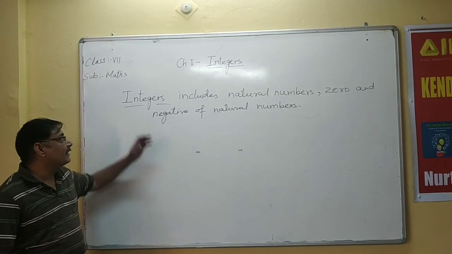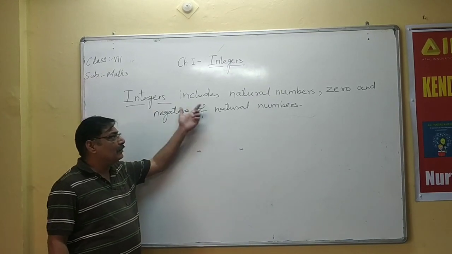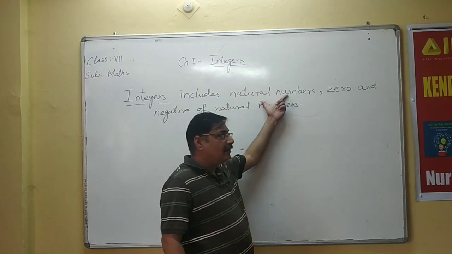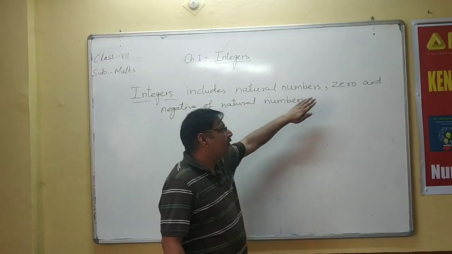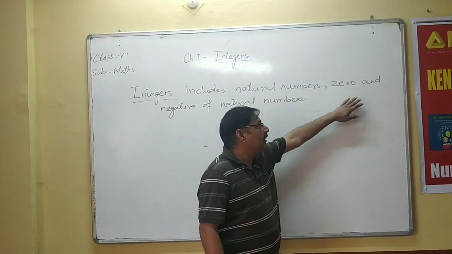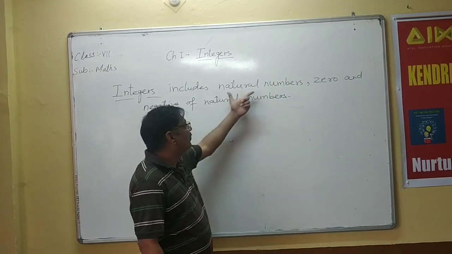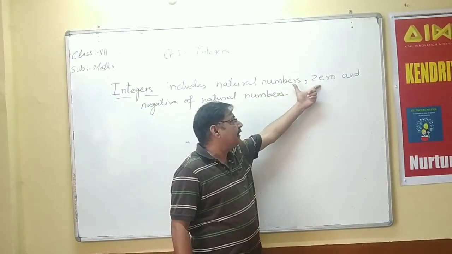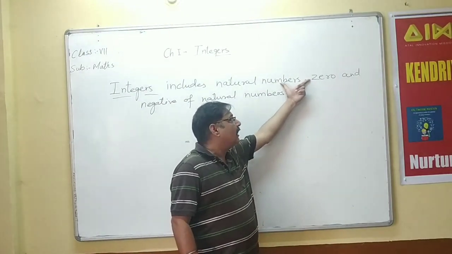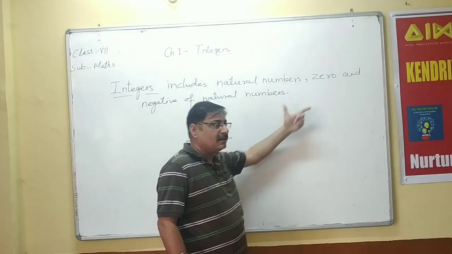So you know that integers include natural numbers, which are also known as counting numbers, zero, and negative of natural numbers. These natural numbers and zero together are known as whole numbers.